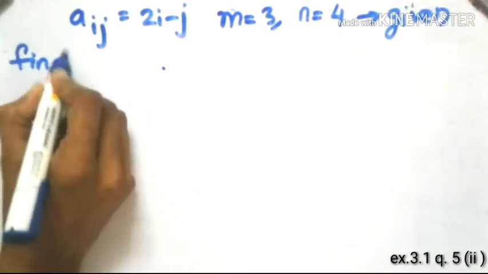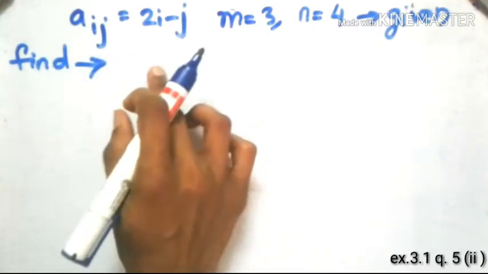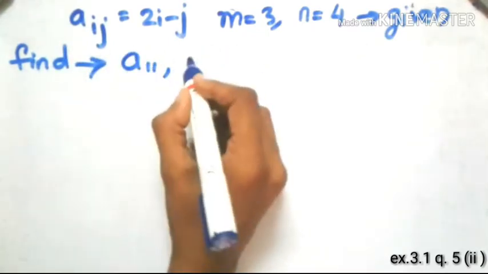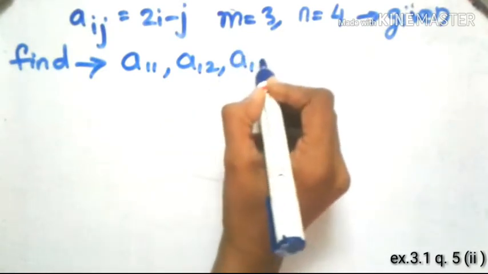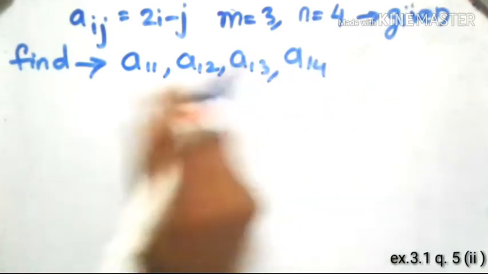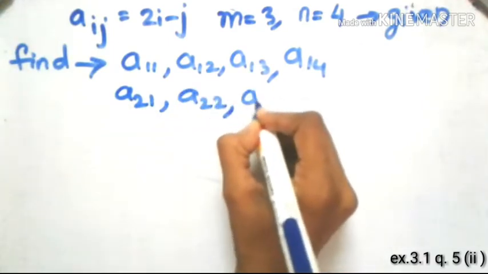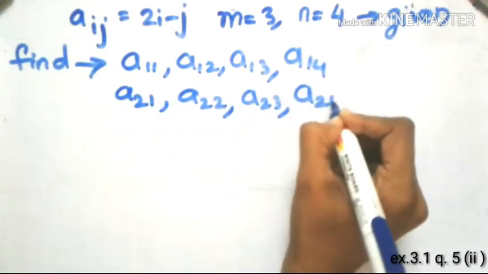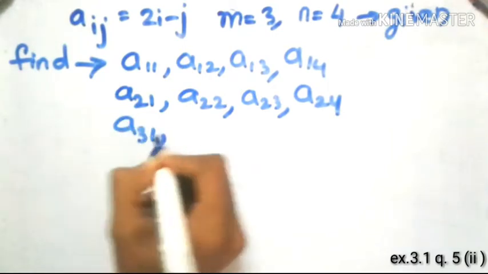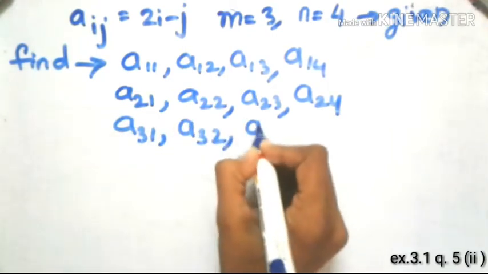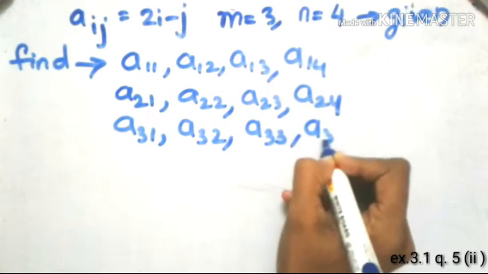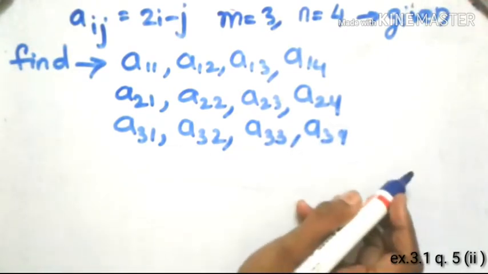So let's write those matrix elements down. It will be A11, A12, A13 and A14. This is the first row. A21, A22, A23, A24 and A31, A32, A33 and A34, because there are 3 rows and 4 columns.